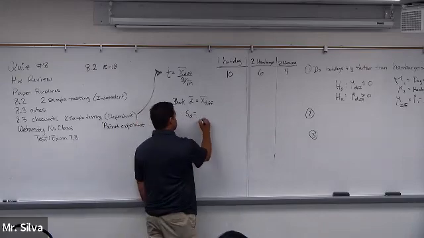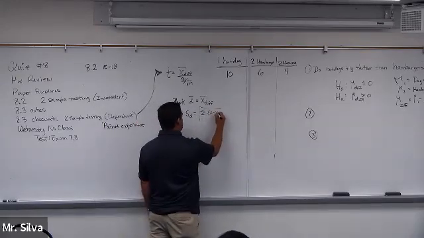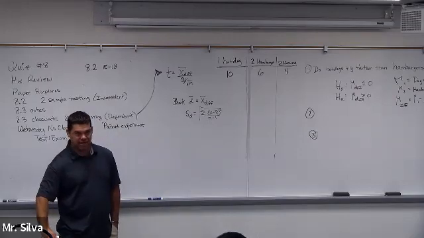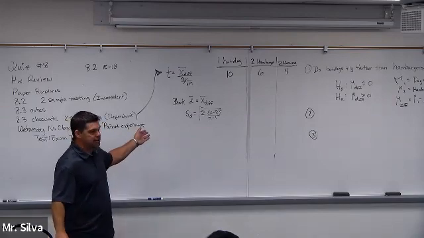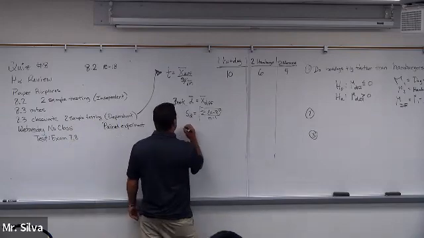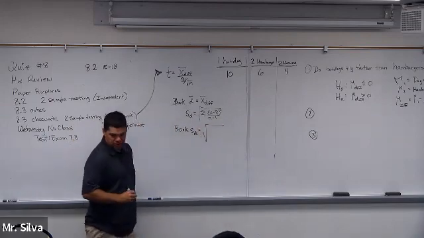The formula is sum of x minus x bar squared over n minus 1. Some of you are going to go by the book. You can if you want to, or you can just find standard deviation on the calculator. This is silly. The book goes like this. You get the same exact results.